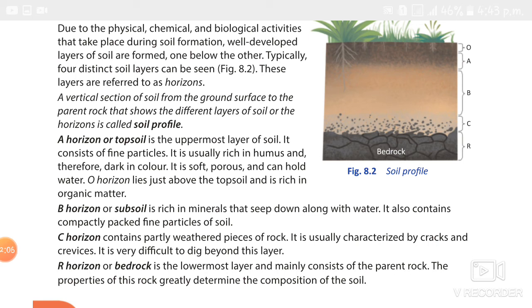And the lowermost layer is the R horizon, also known as the bedrock. Only parent rocks are present in this layer. As we have seen, the properties of this rock determine the composition of soil.